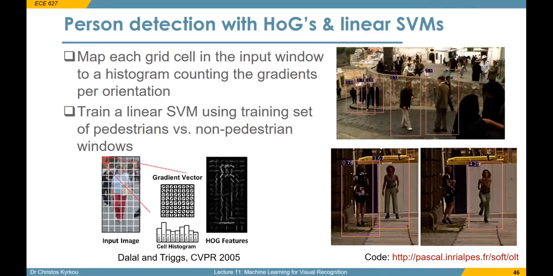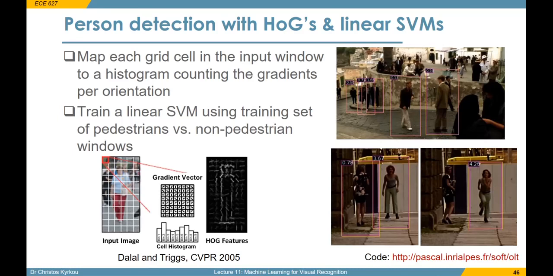They did it by using HOG features. They created one big vector of around maybe 4,000 dimensions or even more, and they created a lot of training data. They fed it through a linear SVM, and the output was a linear SVM that could classify people, as you can see in the image.